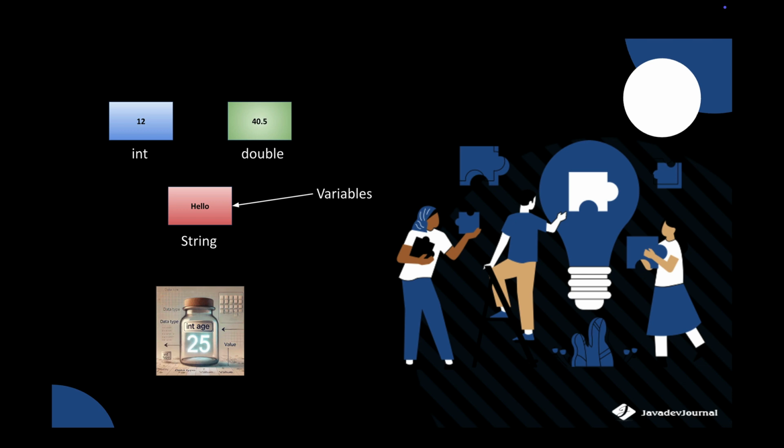Once you declare them, you can only handle, store, or manipulate data of that type. Once you label a variable saying it's only going to hold the int value or numbers, then you cannot add a string or a double value into it. That's why it's called a strongly typed system.